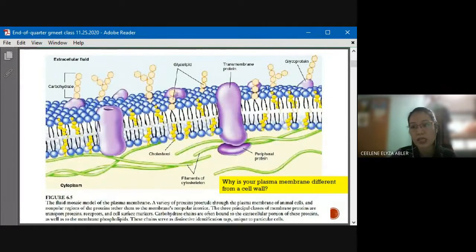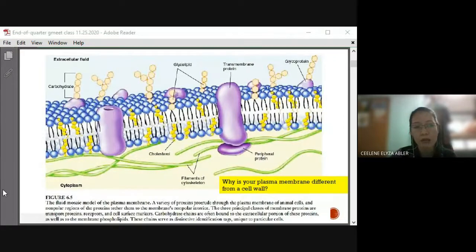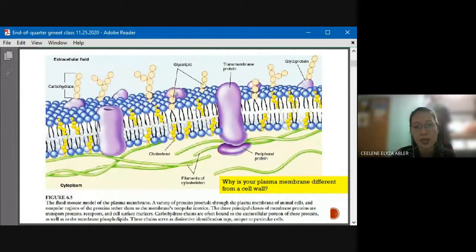So kaya siya tinatawag nila na railroad track or sandwich model. It's because of the phospholipid bilayer. The railroad term is actually referring to this one, this mga saturated and unsaturated na mga fatty acids, itong tails. So these are actually fats. Ito siya na portion dito.